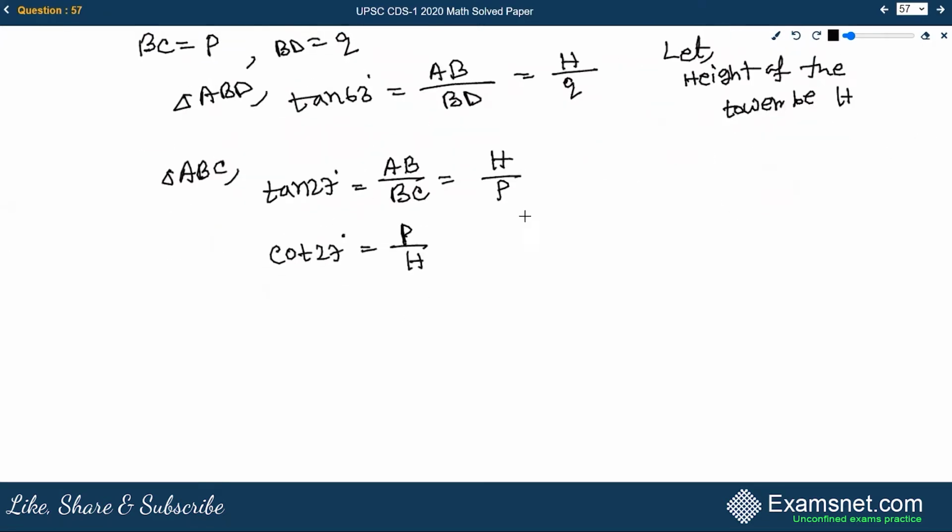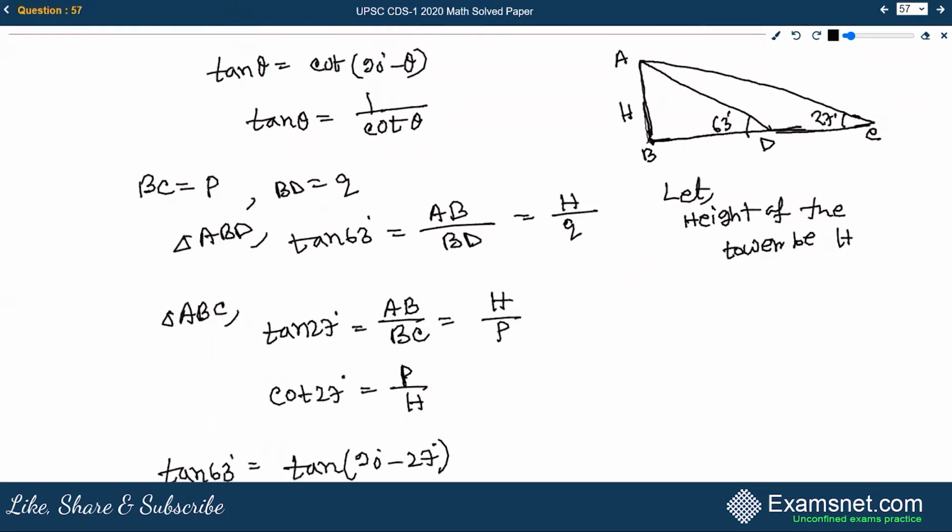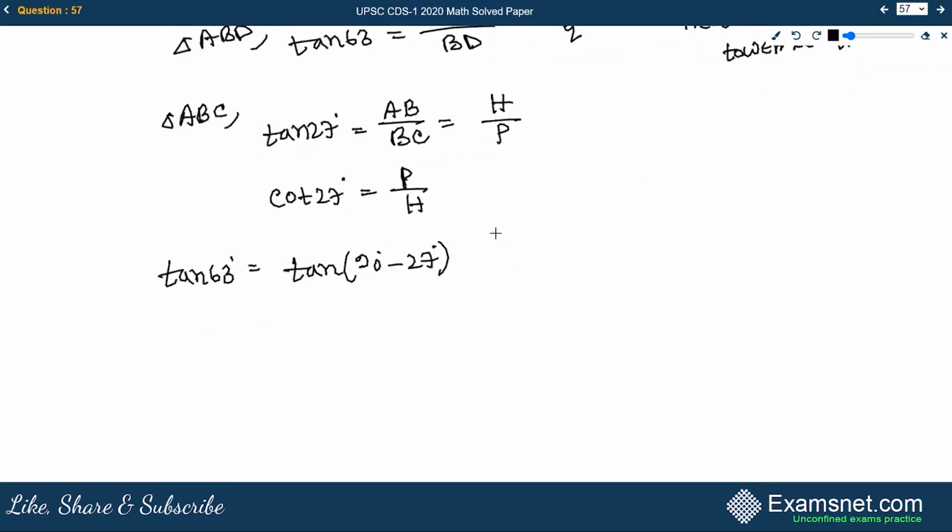So we know tan 63° can be written as tan 90° minus 27°. So we can write from here, that is cot 27°, because cot theta equals tan 90° minus theta.